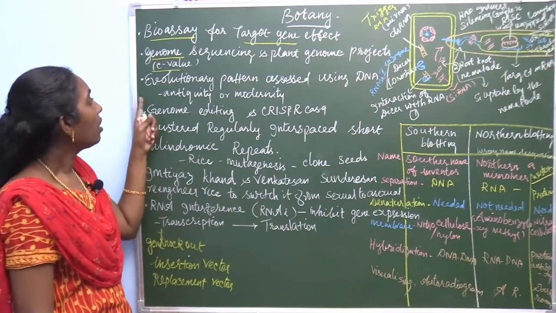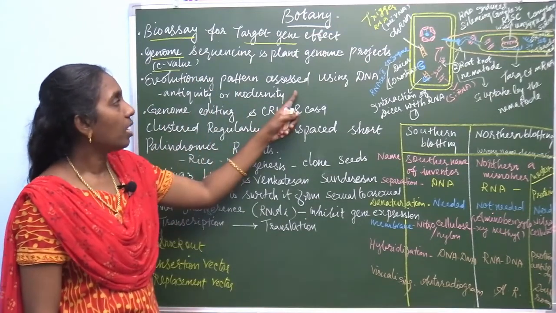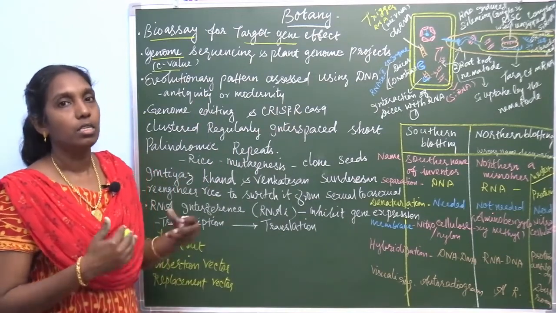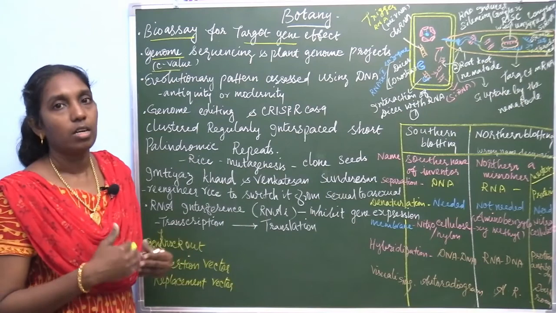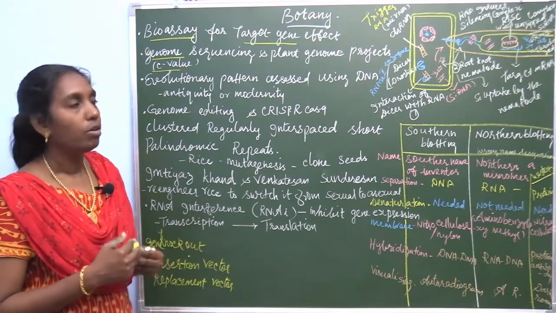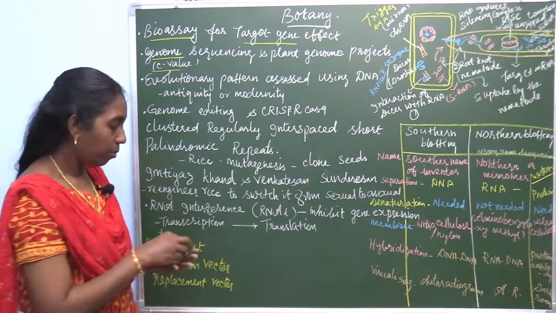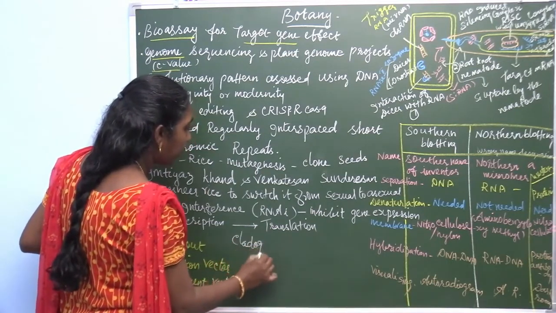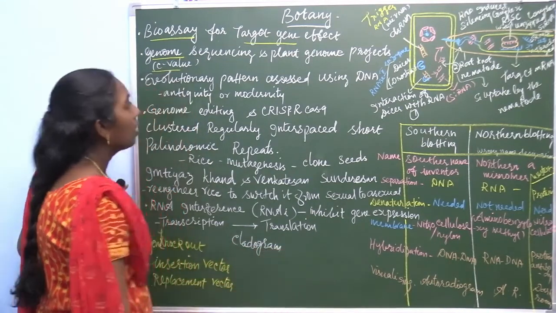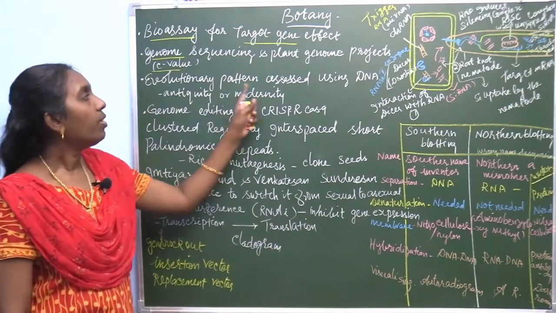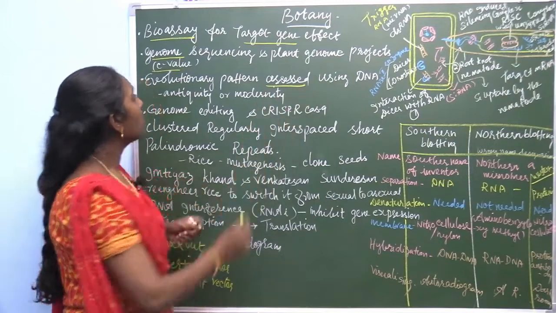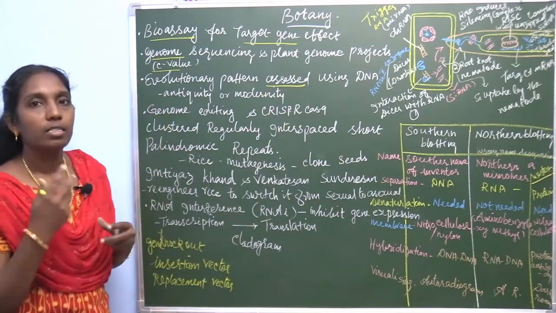The next question: evolutionary pattern assessed using DNA. In the previous class, last year in 11th standard, you learned cladogram. You may have heard this word, cladogram, in which the evolutionary pattern of taxonomy is assessed.